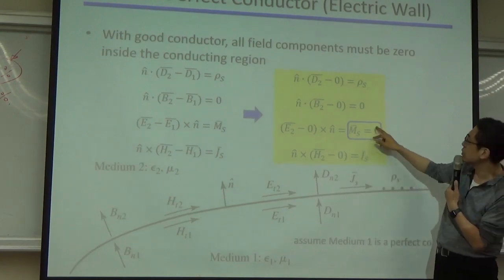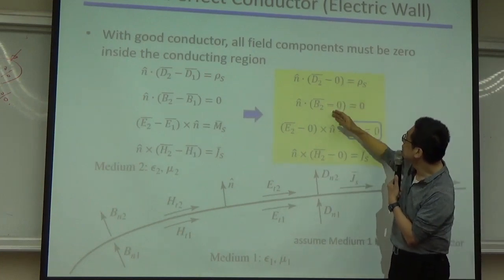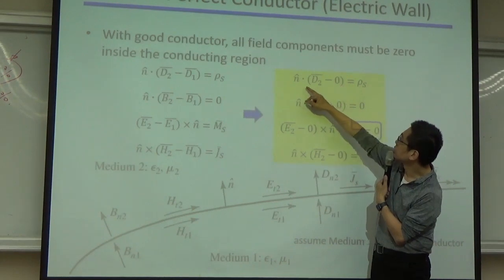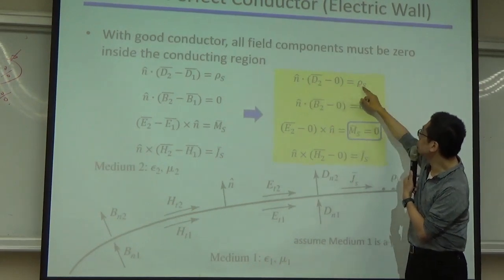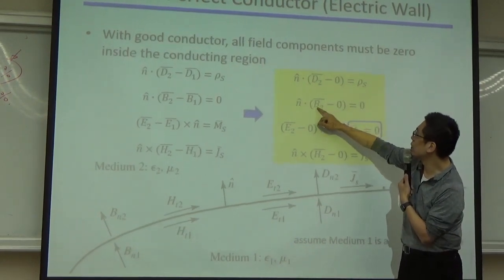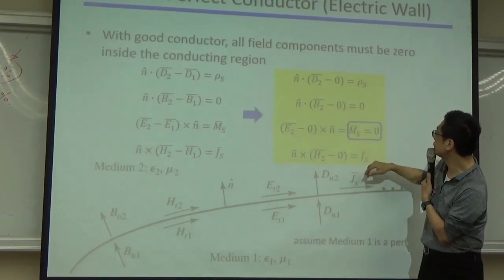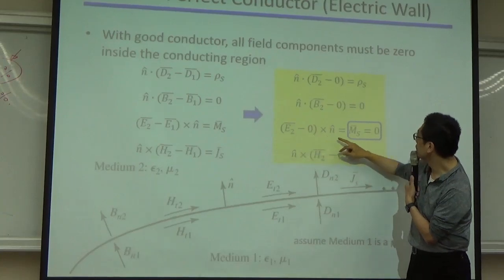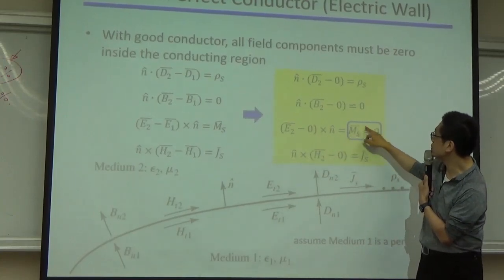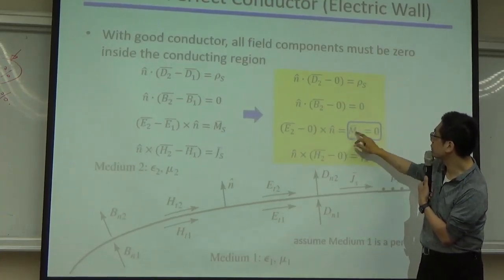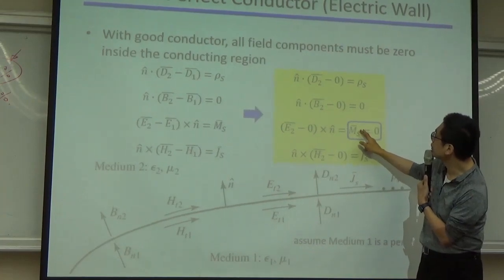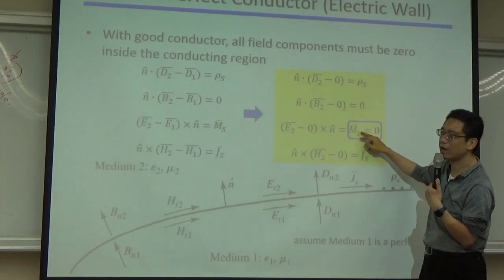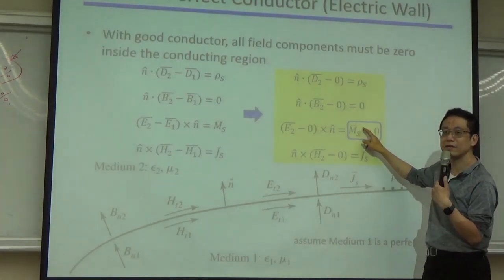And because it's 0, I put that in, so you can obtain that Dn2 equals rho s, and Bn2 equals 0, and Et2 equals 0 because this is fictitious. I think the reason is that it is 0 at the beginning, but actually I don't get why it does not exist.